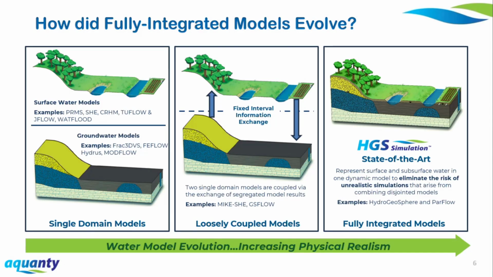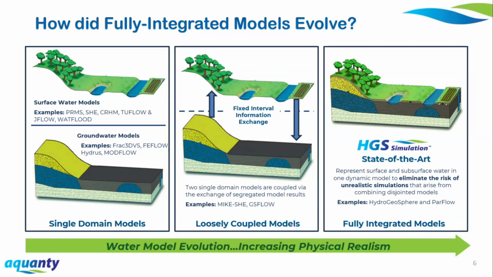For groundwater models, the classic examples would be MODFLOW and FEFLOW. In typical applications, they might be run separately, with the results of one model, such as a surface water model, being used to inform the groundwater model. So perhaps recharge is calculated using a surface water model, and then applied as a boundary condition to the groundwater model.